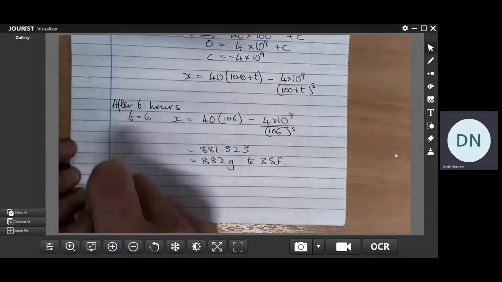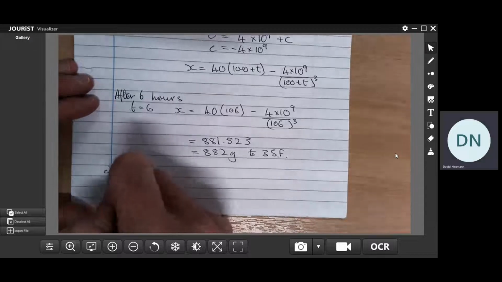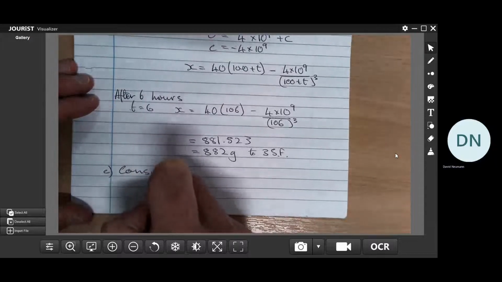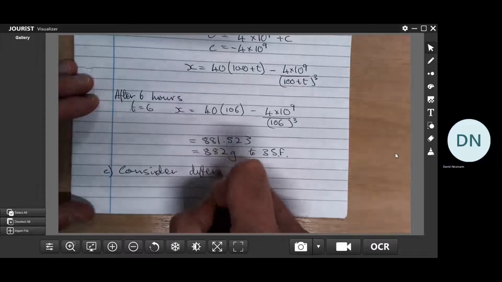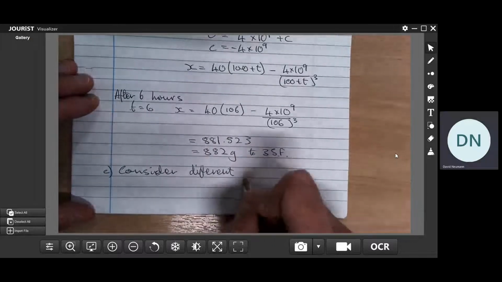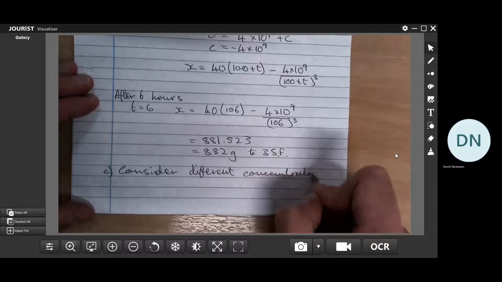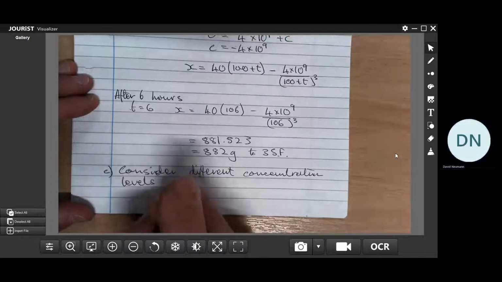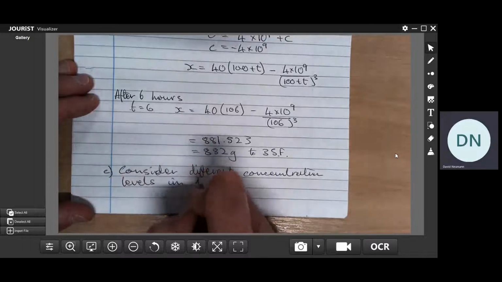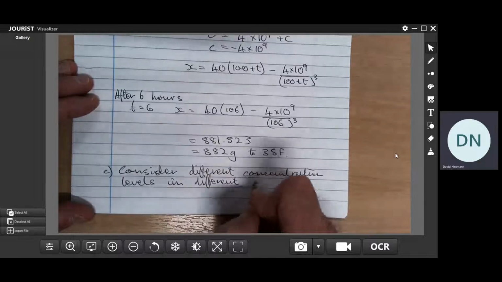There will be different concentrations throughout the liquid. So we could say for C, consider different concentration levels in different parts of the tank.